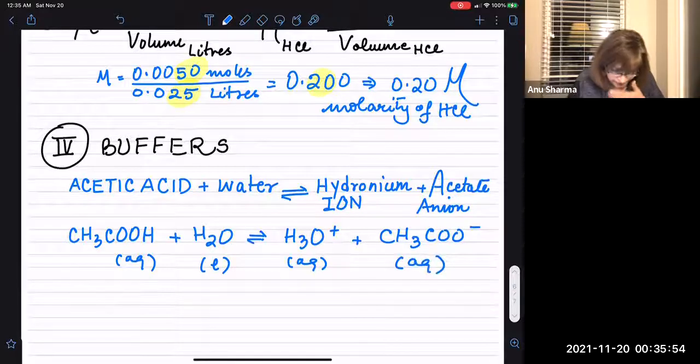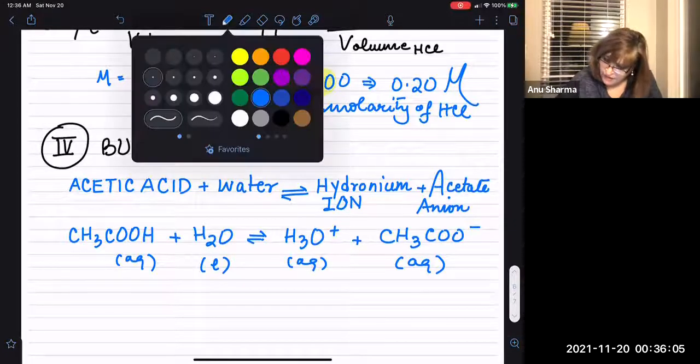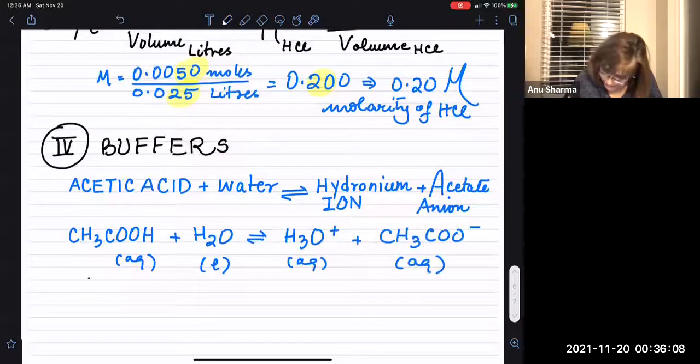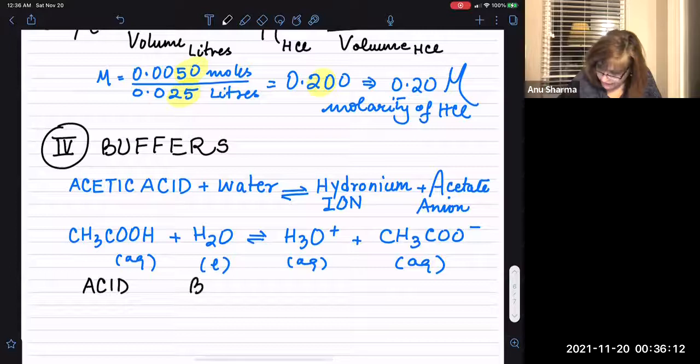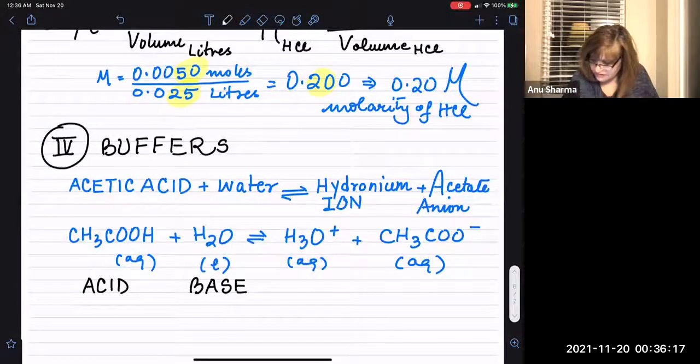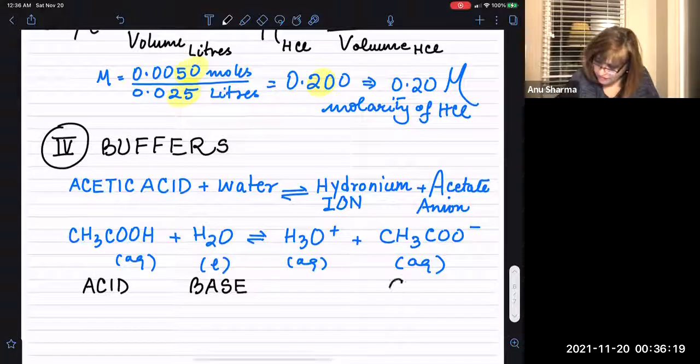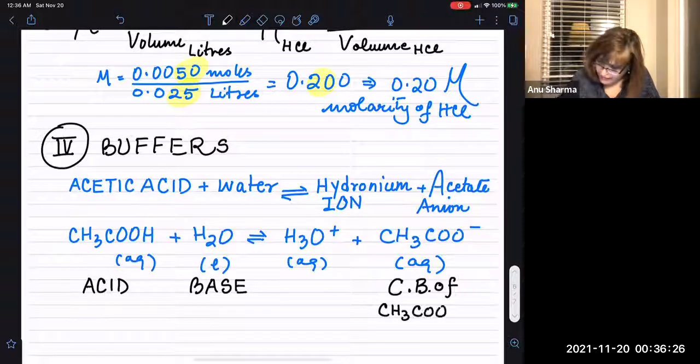All right, so here's the thing. Remember that this is an acid, acetic acid, reacting with water, which is acting as a base, and this is the conjugate base of CH3COOH.